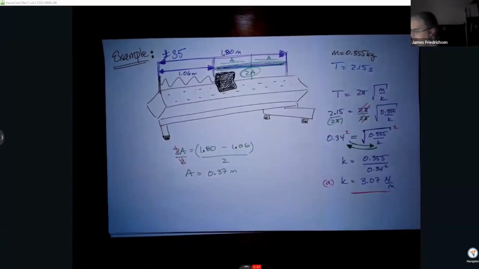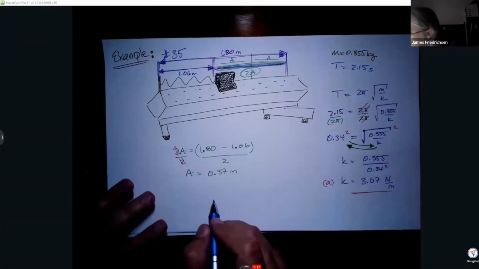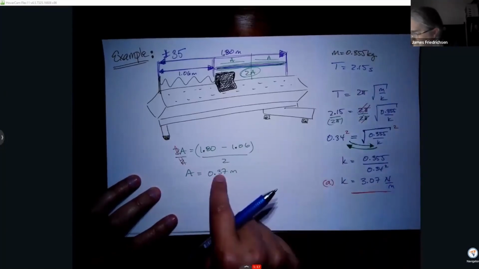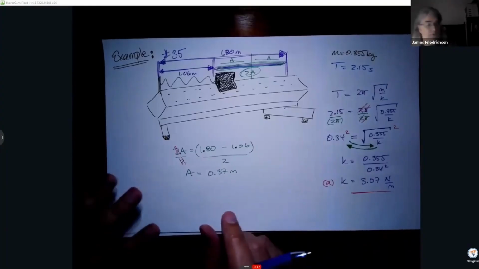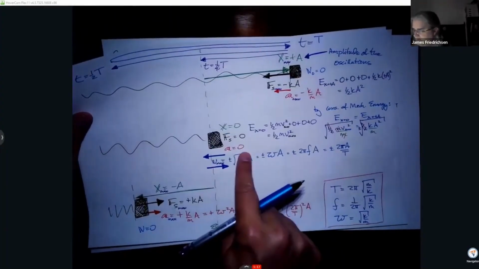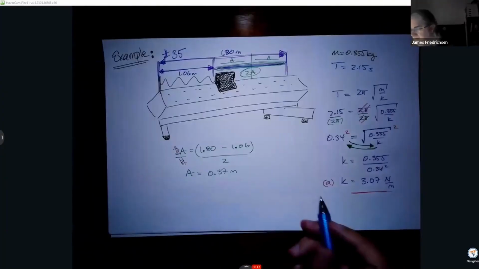Okay, there we go. So that's question A. And then in B, they wanted the magnitude of v max, the maximum speed. At this stage we should have it because we have m, we have k, and we have the amplitude. So our v max is the square root of k over m times the amplitude.